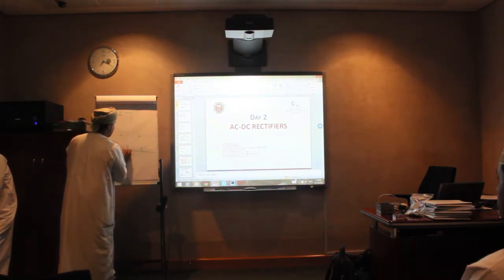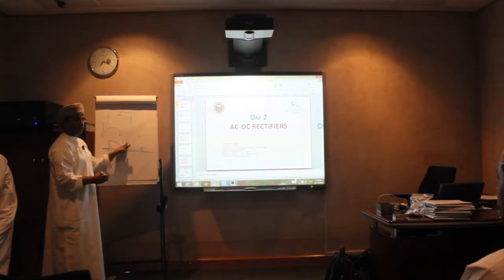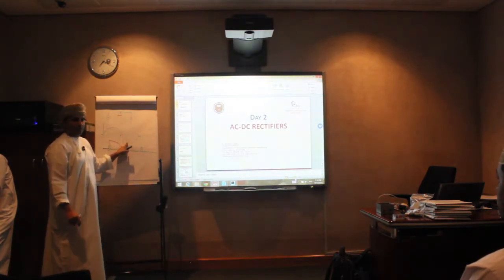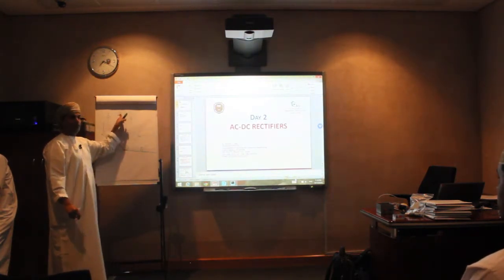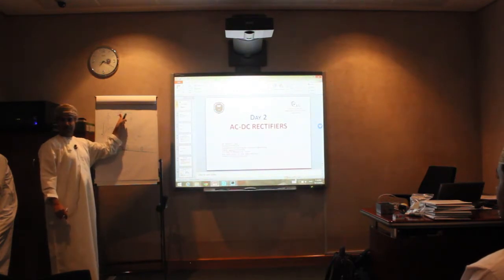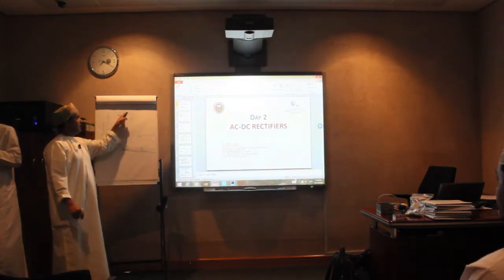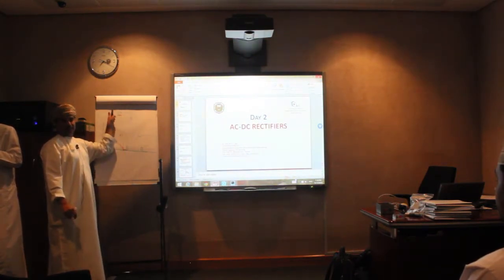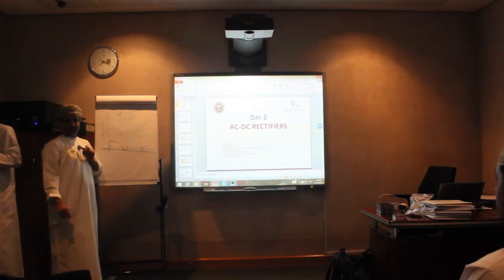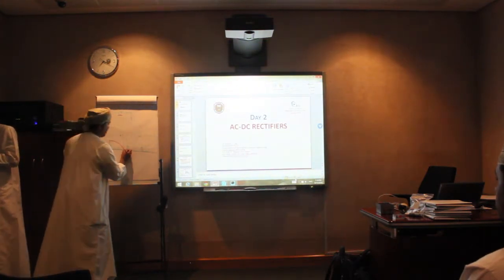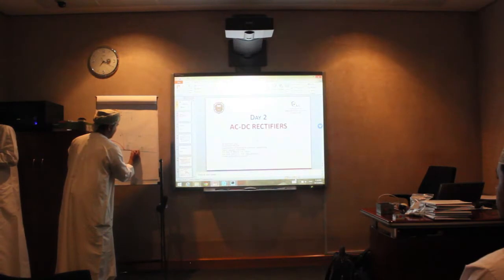Now, the second signal is sent at this point, but my question is, is the thyristor in forward bias in this case? No, right? It's in reverse because the voltage at the cathode is higher than the anode, so it will not conduct and will stay 0.